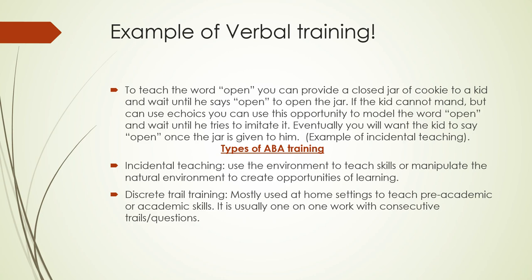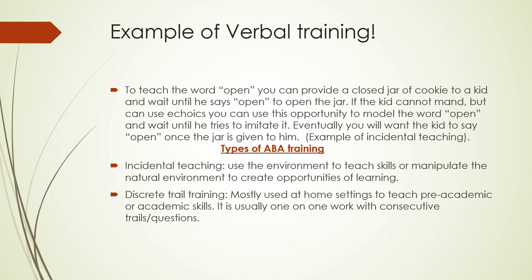Okay, and here are just the types of ABA training: incidental teaching and discrete trial training. And you could use the language or verbal training for either. Usually discrete trial training with verbal training would be more of a mand, where you give a visual and ask the child to repeat, and at this point you're basically teaching expressive skills for the kid to identify objects, or academic skills.